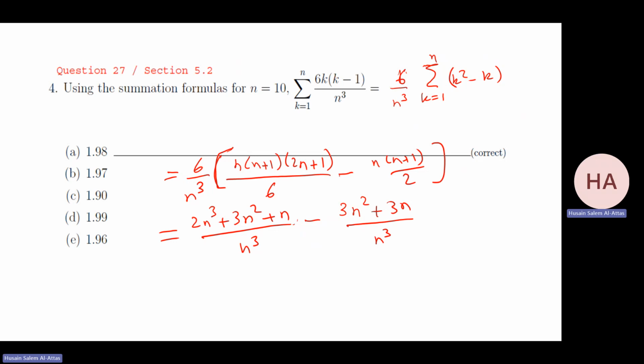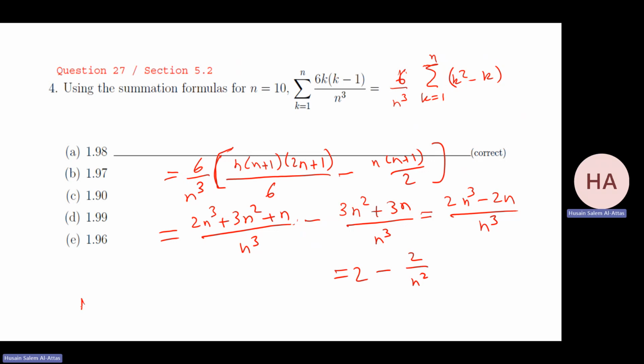This is 3 times n squared plus n, 3n squared plus 3n over n cubed. This I can simplify. 2n cubed, 3n squared minus 3n squared gone, n minus 3n is minus 2n over n cubed. Or it is 2 minus 2 over n squared.